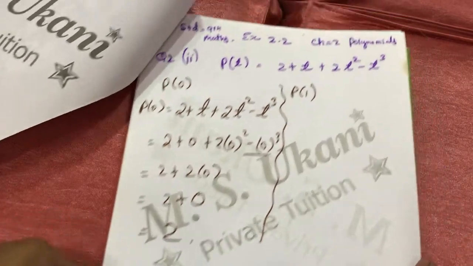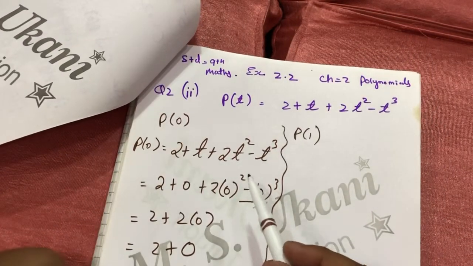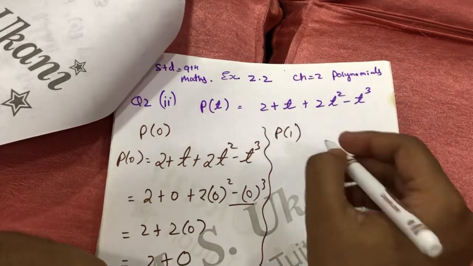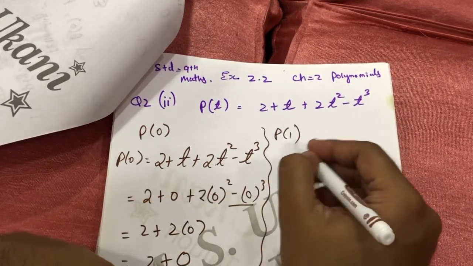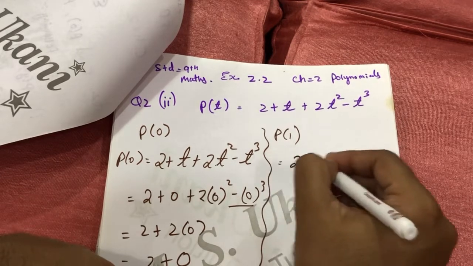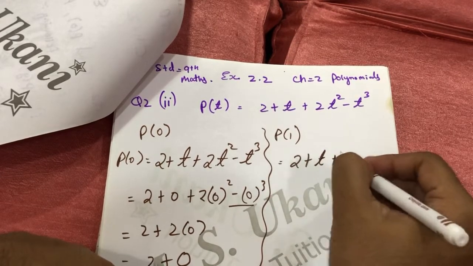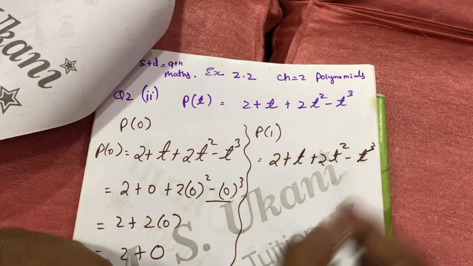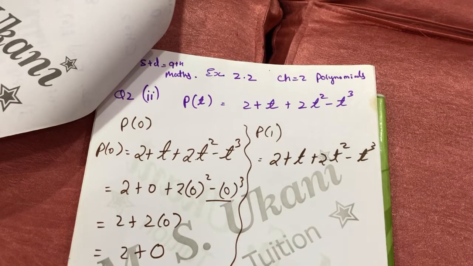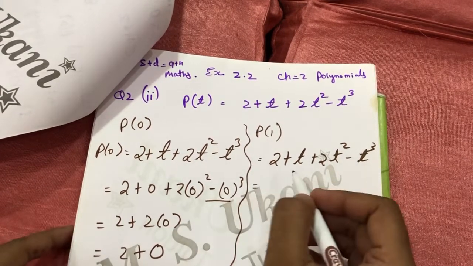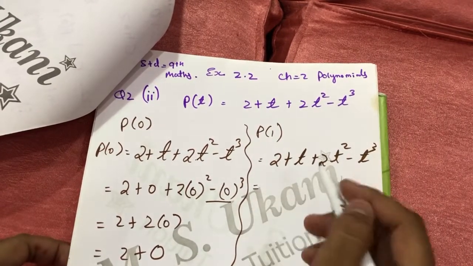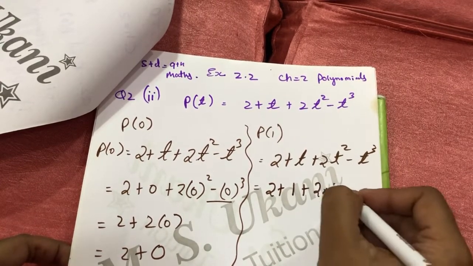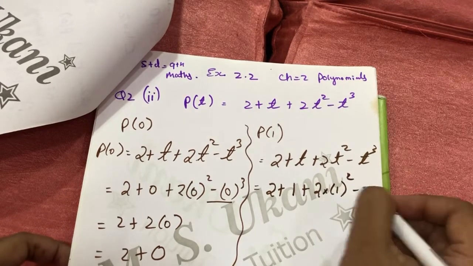Now in this same equation we will put the value of 1. So let us write the first equation. 2 plus t plus 2t square minus t cube. Now we will put 1 in place of t. So 2 plus 1 plus 2 multiplied by 1 whole square minus 1 cube.